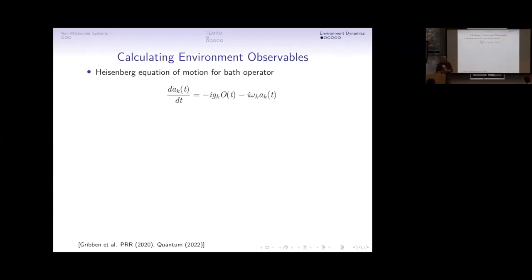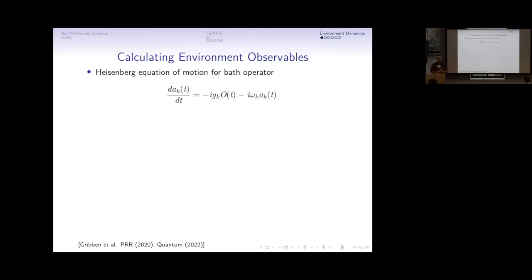Good. Okay. Perfect. So yeah, this TEMPO algorithm was really designed to calculate observables of system degrees of freedom. But actually, it turns out because you're linearly coupled to a harmonic environment, you can extract the dynamics of the environment from what's happening to the system.